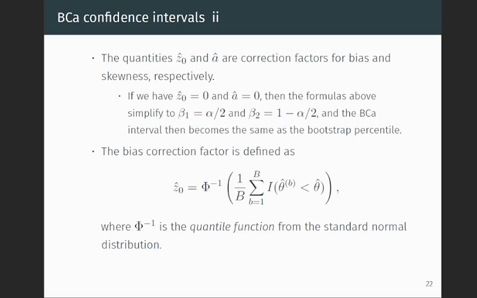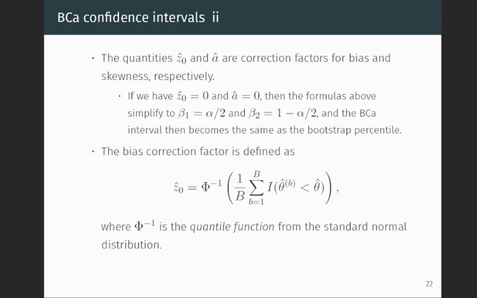Okay, so let's define those two quantities one at a time. So the bias correction factor is defined as the inverse image of 1 over B times the sum of the indicator function of theta hat b less than theta hat, right? So we're counting the proportion of theta hat b's that are less than theta hat. And then we're taking the image of that by the quantile function, or the inverse image by the CDF, if you prefer to think of it that way.